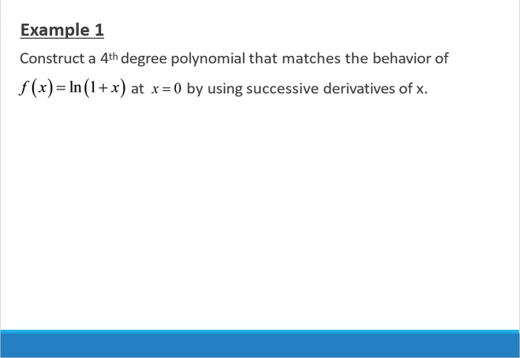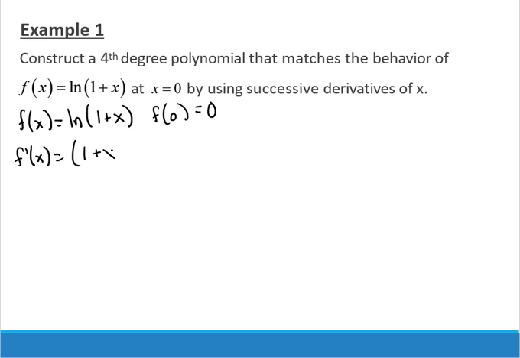I like to set up a little chart here. Since we're using 0, f of 0 is equal to 0. Now I find the derivative of this, which is equal to 1. I find my second derivative.